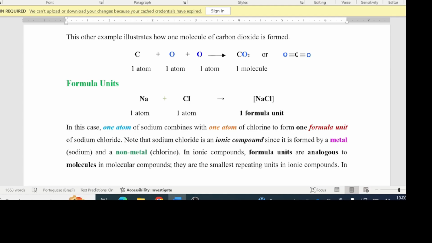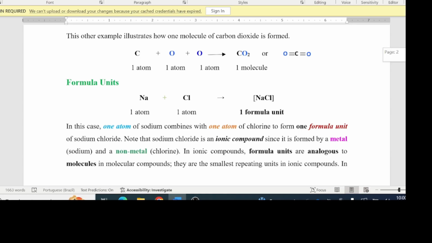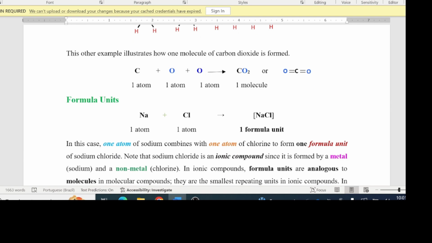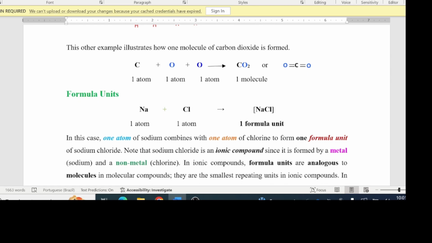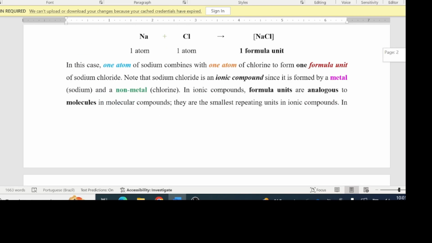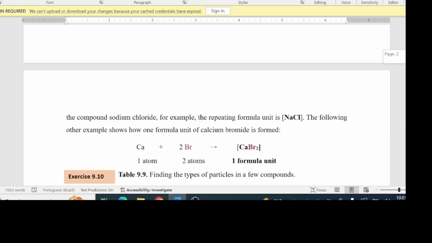That's why I'm taking this opportunity to distinguish between molecular compounds and ionic compounds. Just as you refer to molecules of carbon dioxide, in an ionic compound, these repeating units of Na and Cl are called formula units. So know the difference between molecules and formula units.